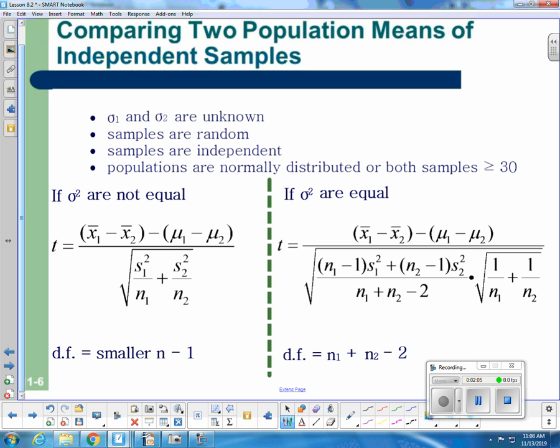On the bottom, it's n minus 1, which is kind of the degree of freedom of that sample, times the standard deviation squared, plus n minus 1 of the second sample, times the standard deviation squared, all over sample 1 plus sample 2 minus 2, times the square root of, those square roots should be separate though, and one square root should end. Big formula, okay? The degree of freedom, you add the sample sizes together minus 2.